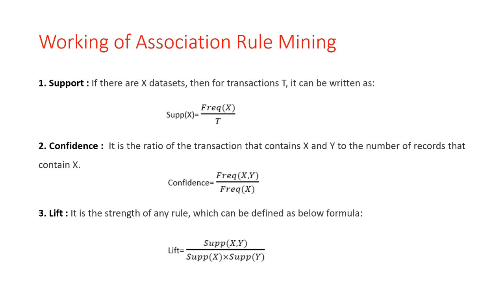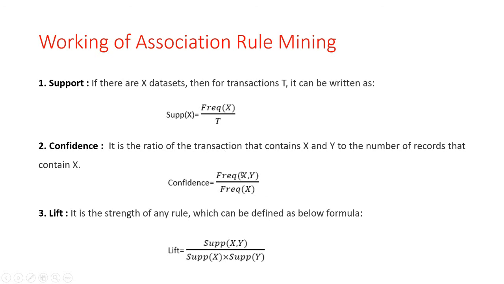And what is the confidence? The confidence represents how likely the rule has been found to be true. So we can also say that it is how many times the items X and Y appear together. Here, frequency of X comma Y, the number of times X and Y appear together, divided by frequency of X only.